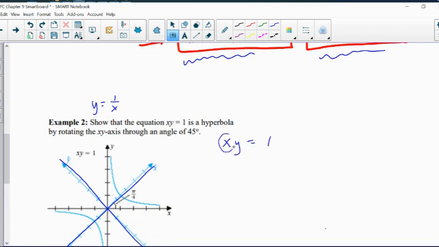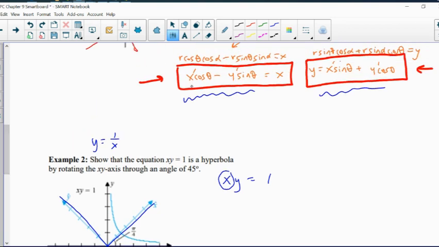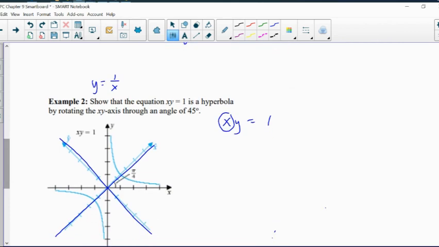So this x is going to be replaced with x prime cosine theta minus y prime sine theta. And then the y value is going to be replaced with x prime sine theta plus y prime cosine theta. I know it's 45 degrees, so that's what I really should use.